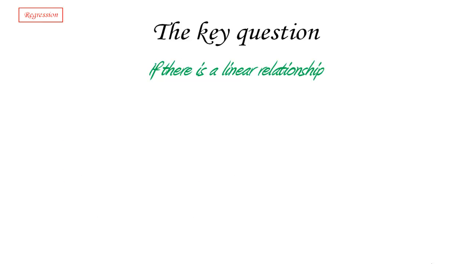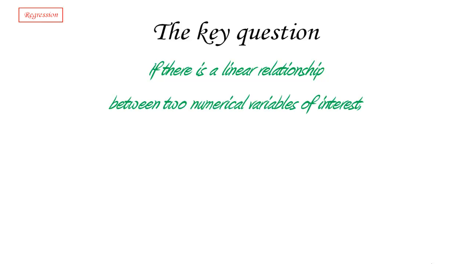If there is a linear relationship, so we assume that such a relationship exists between two numerical variables of interest, so we assume also that our variables are numerical. Again, occasionally we may also use ordinal variables as long as they're pretty close to being numerical. But under these conditions, which formula represents it?